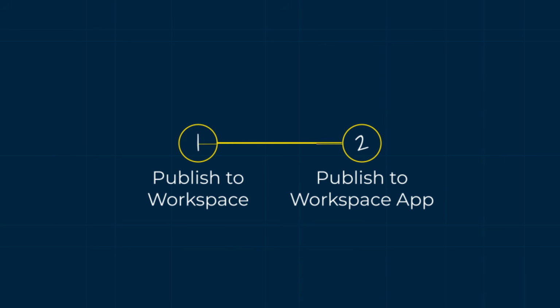Just because you've published the reports in the Workspace itself doesn't necessarily mean the users will see that version in the Workspace app. You need to hit the publish button from the Workspace app itself for them to see this version. Because of this functionality, I've built up the habit of testing the reports that I have in the Workspace first to make sure that everything is okay before publishing it to the app itself.